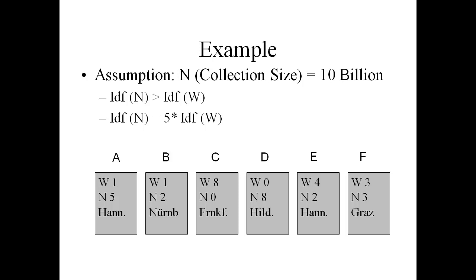And now the sum is 12. So if we use TF-IDF weighting, document A is the first hit. Okay? If we just use TF, it's the third out of A, E, and F. Because it has the rare term very often, and that is honored by IDF. Okay?